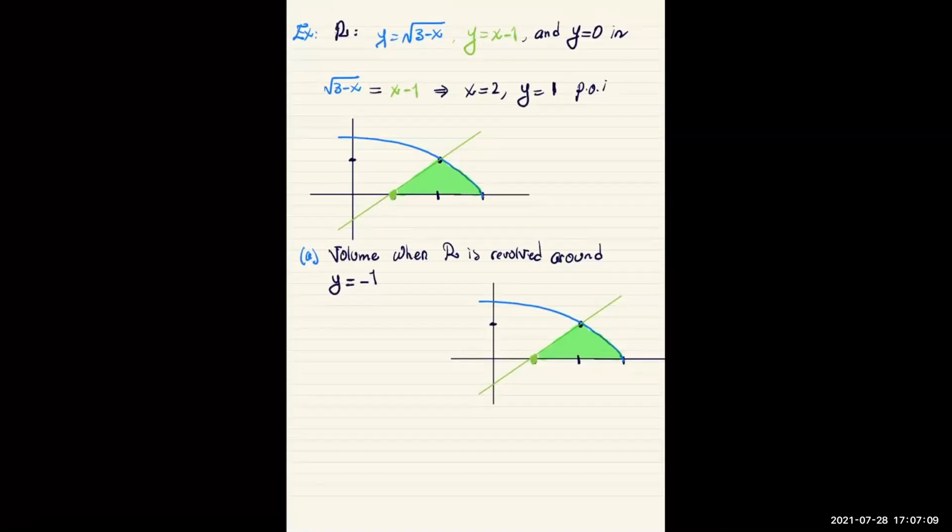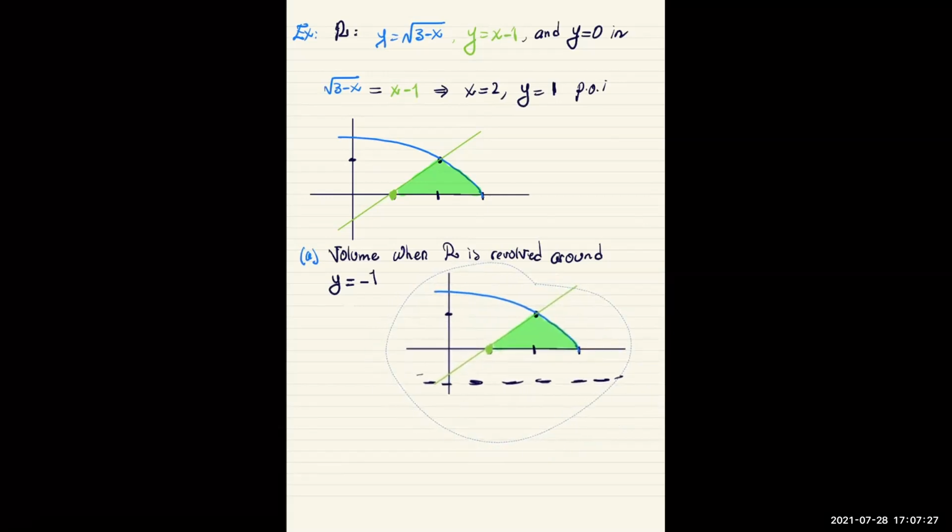So y equal to -1 is this line. Again, be patient. That's the axis of revolution. All right, that's not a G, that's the rotation sign.